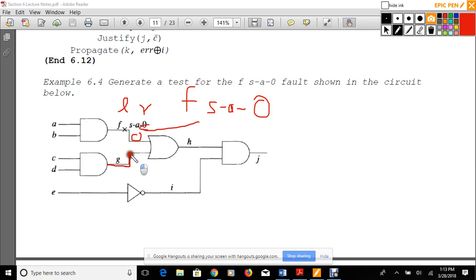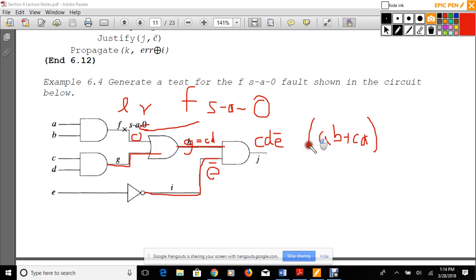That means whatever G is going to, H is always going to be G. And the output's going to be, G is equal to CD, right? So the CD is going to be E bar, so it's going to be C, D, E bar. But we need to be A and B, or C, D, and E bar. So we have wrong logic here.